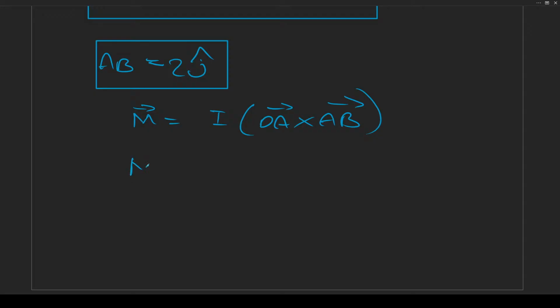which we will get as M, which is equal to half, which is current, minus root 3 I cap minus K cap cross 2 J cap.